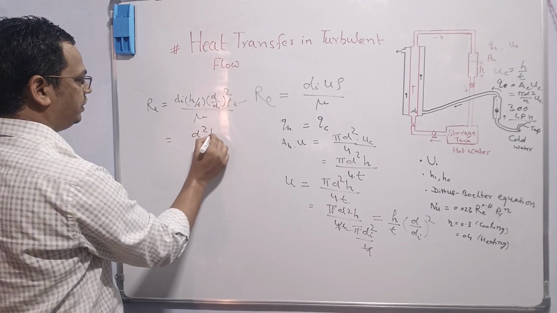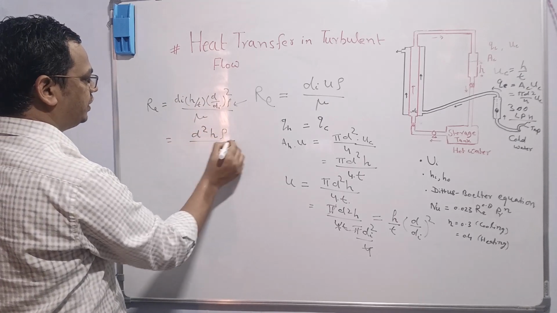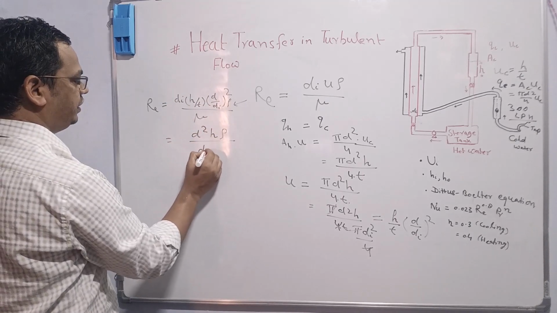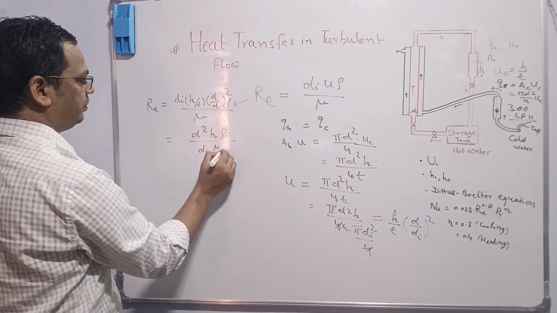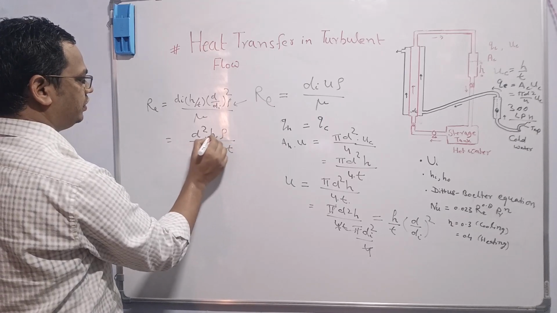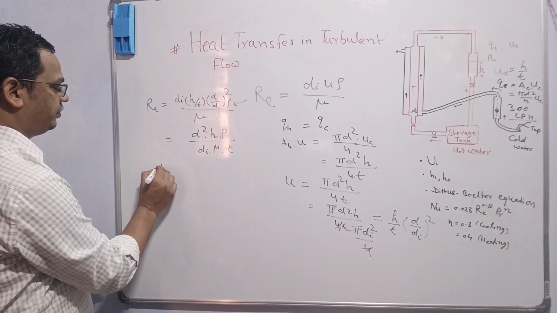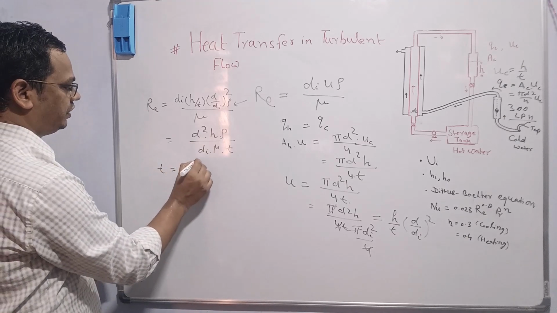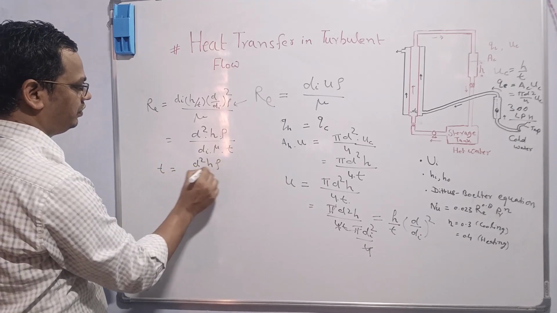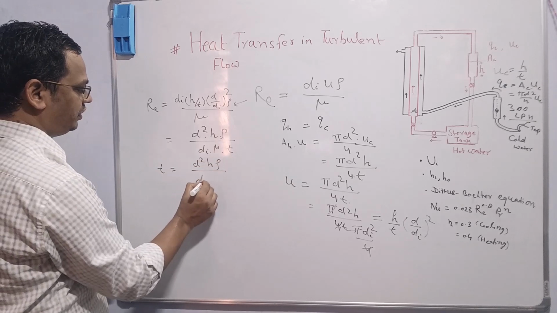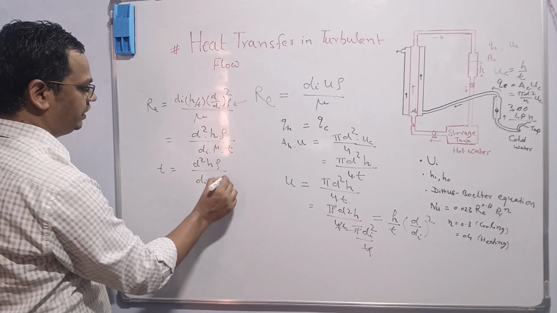D square h rho by di mu into t, or we can write t equal to d square h rho by di mu Re.